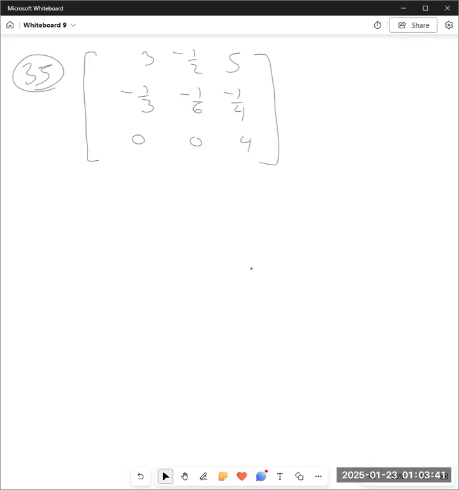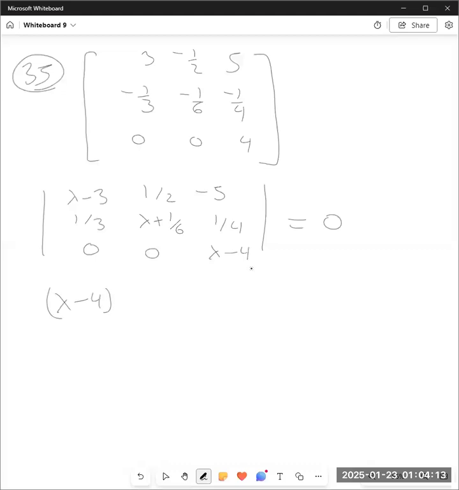Okay, so now we would like to write our characteristic equation: lambda minus 3, +1/2, -5, +1/3, lambda plus 1/6, +1/4, 0, 0, lambda minus 4 equals 0. I'm going to expand on this bottom row that has the zeros, lambda minus 4.